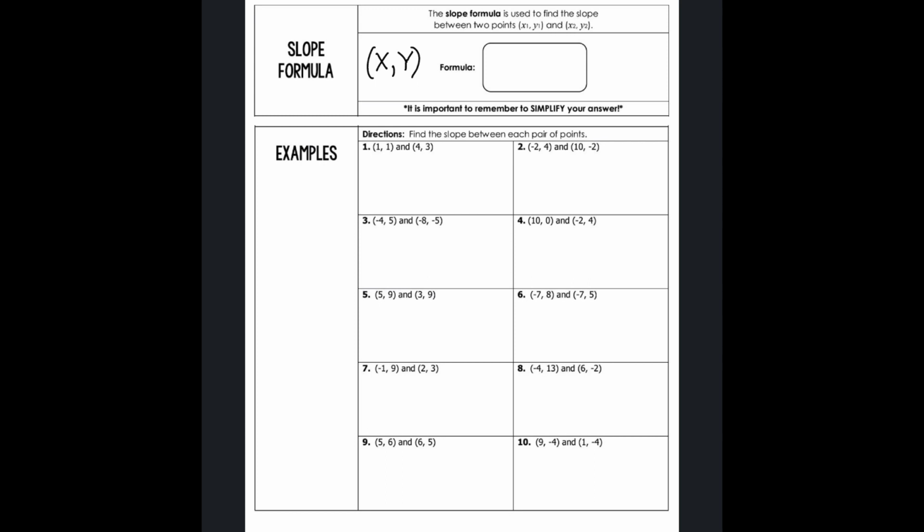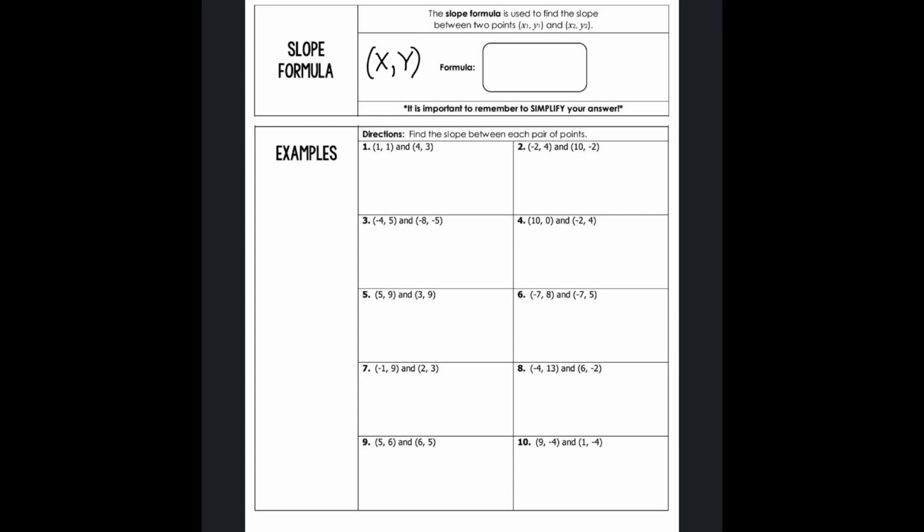All right, with that being said, our slope formula. So this is a way to find the angle, I guess you could say it, or how tilted a line is if you're given 2 points on a graph.